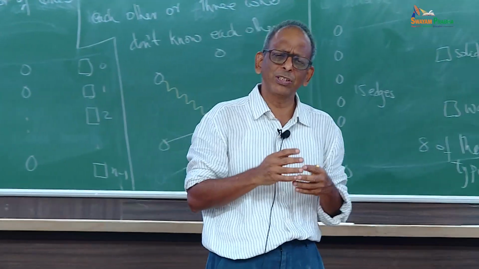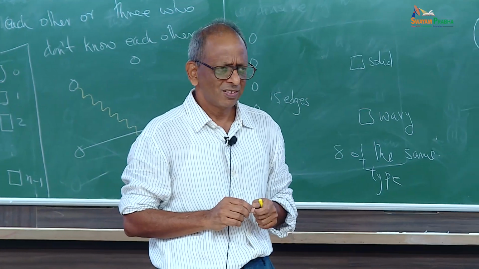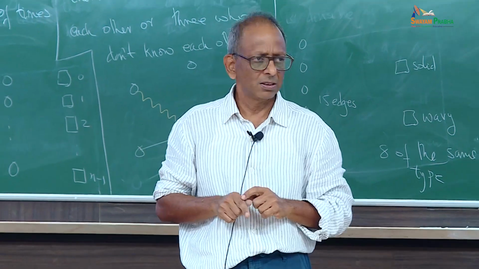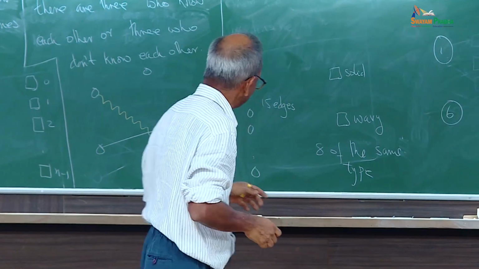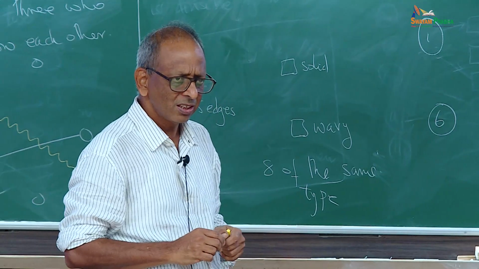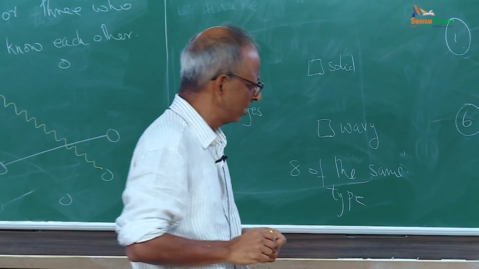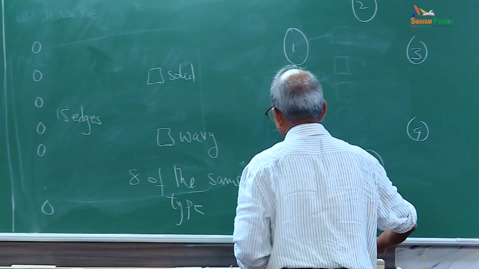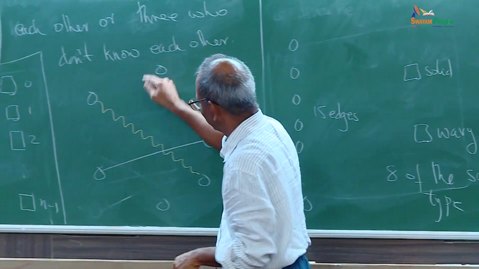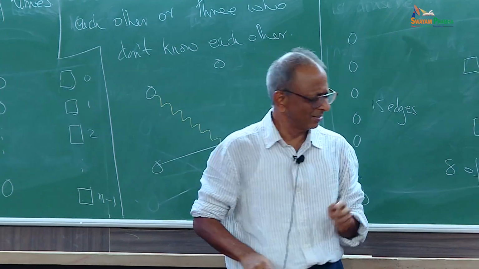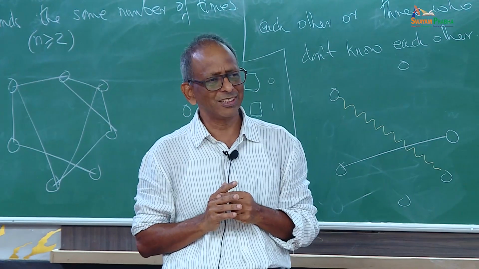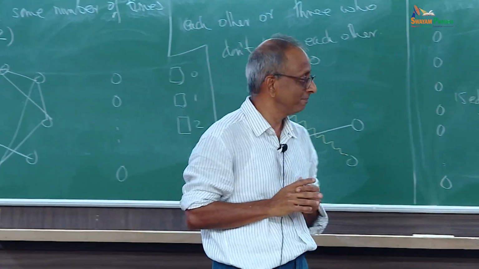How many edges can you have without a triangle? You want to draw a graph without a triangle. You can draw 7. But somebody said 9. How would you do that? Can you construct a graph with 9 edges which has no triangles?